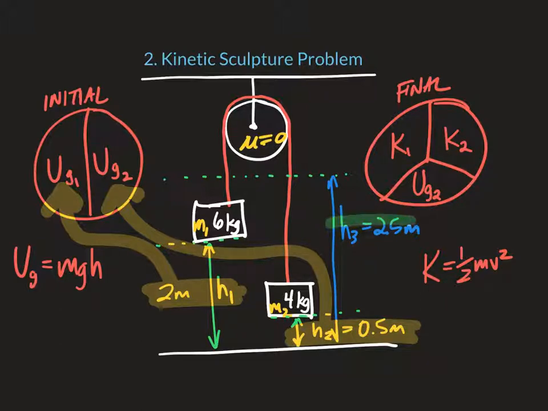But this height here, this is associated with UG2 in the final state. Now you could have called it UG3 if you wanted to. That would be perfectly fine as long as you know that UG3 is associated with mass 2. I wouldn't do it that way, but you could. It's perfectly fine. And then obviously the kinetic energy.